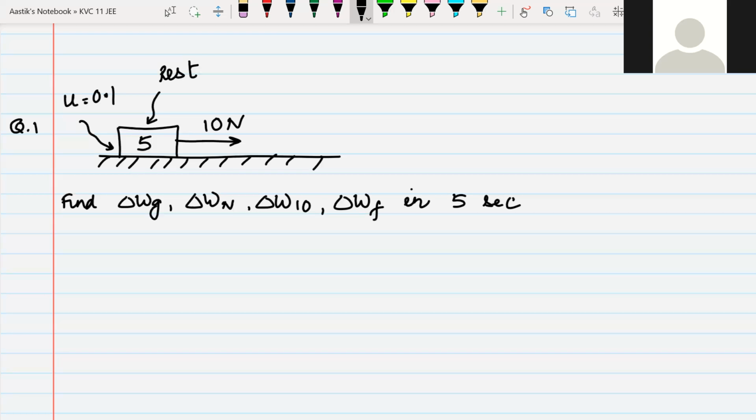All will be 0, sir. All 0. Why? What is the reason? The object is in rest, sir. Will it not move?